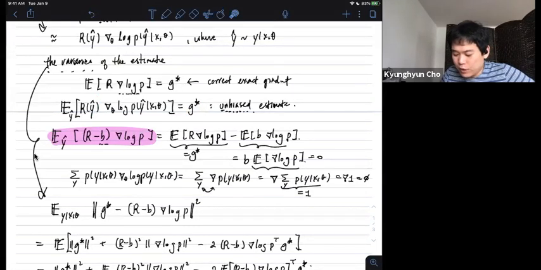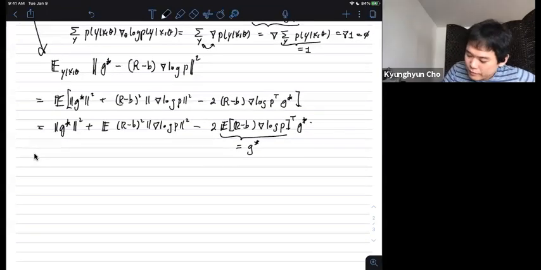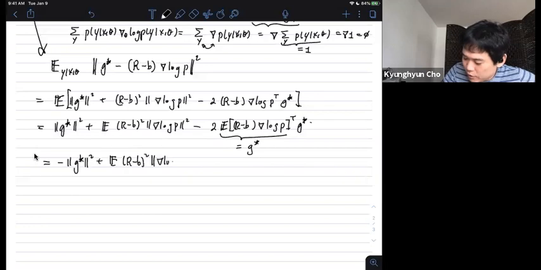And then we showed that we can in fact subtract any B that is not a function of Y hat from R, and we still end up with G star. So what it means is that this is just G star. And then what we end up with is minus the square norm of the gradient, plus the expectation of (R minus B) squared times the squared norm of the gradient of log P.